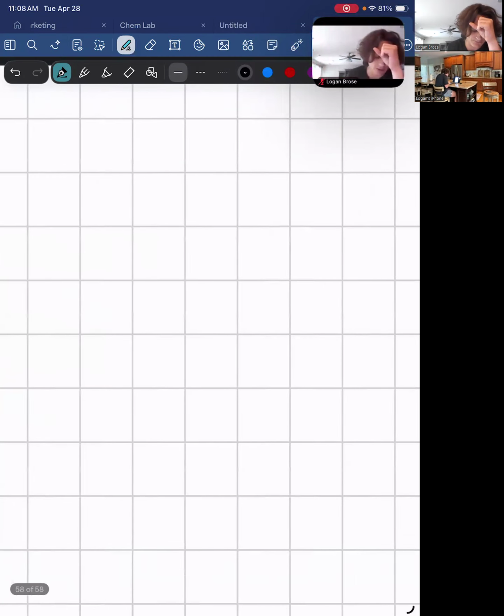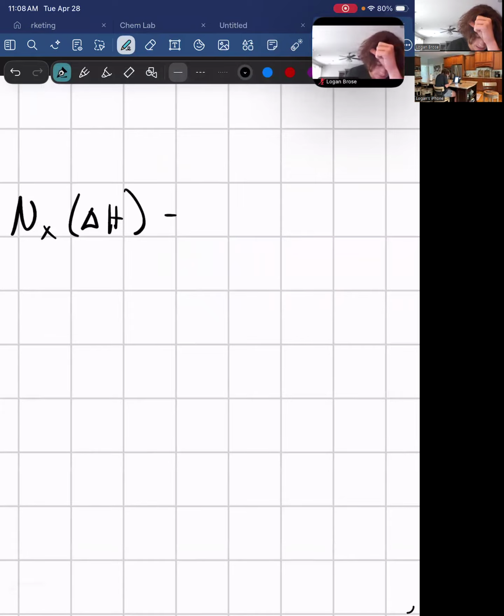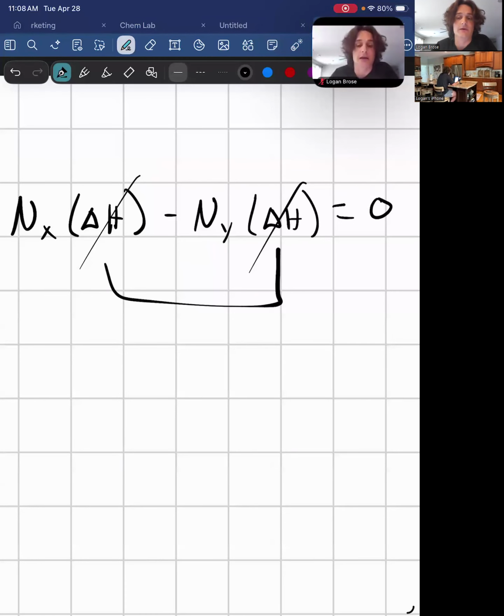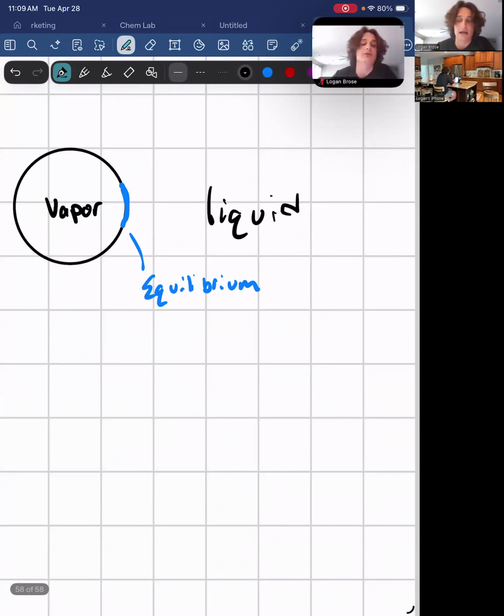And so when we look at that, we know NA times delta H, well, let's do Nx for the liquid, minus our Ny times vaporization. This is just going to cancel out because you're at that constant state of one going out while the other one's coming in. And so you can neglect the delta H of vaporization, or enthalpy of vaporization, and that is why this is just at an equilibrium.